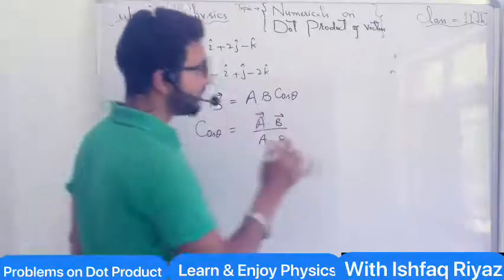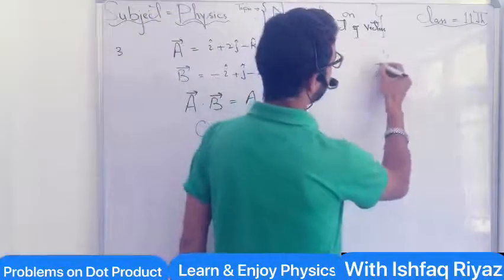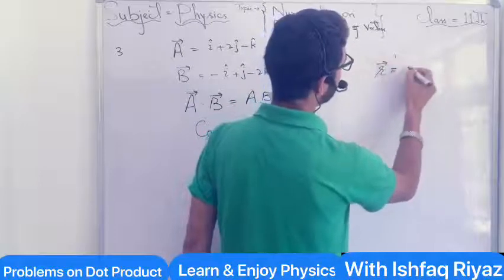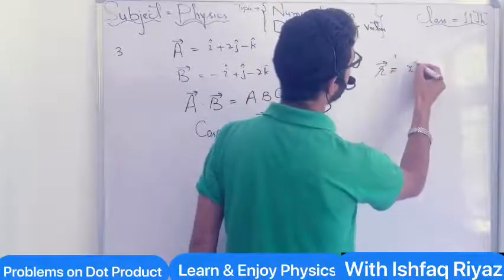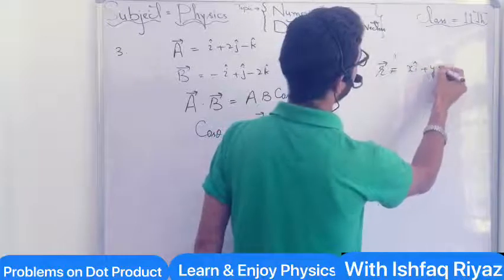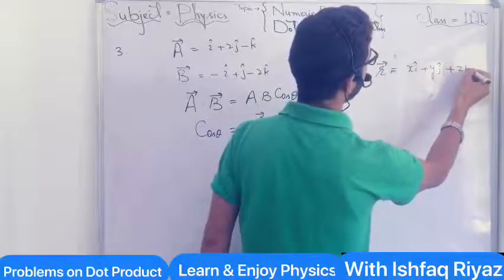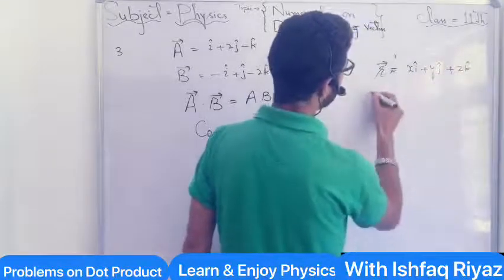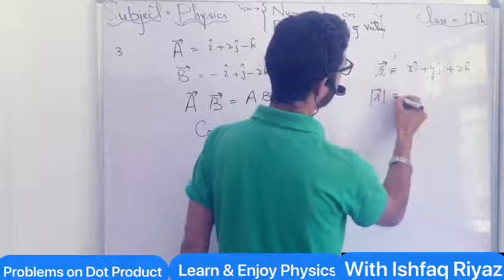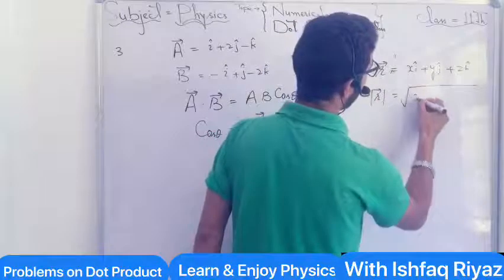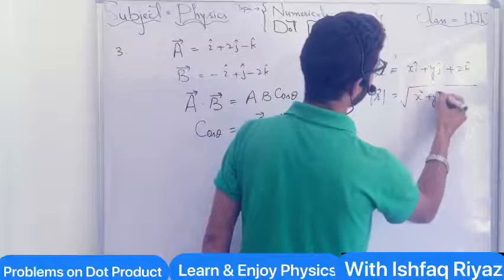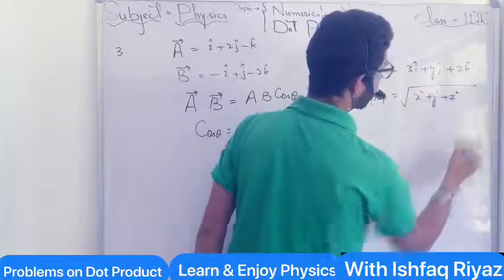And if you remember well, we can write the position vector R in space like this: xi plus yj plus zk. And the expression for its magnitude is given by under root of x square plus y square plus z square. Right?